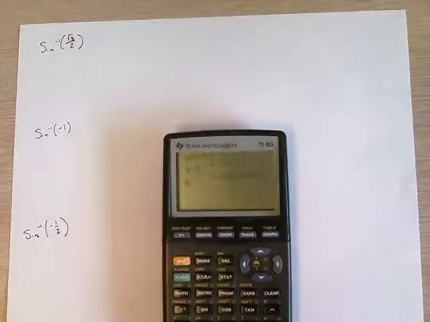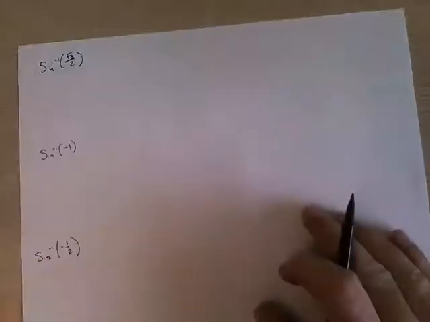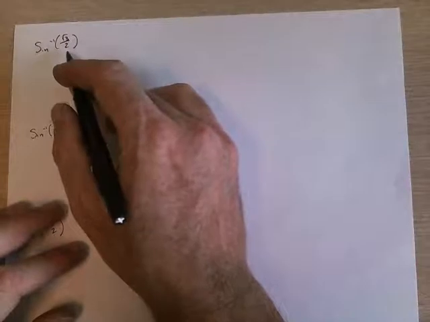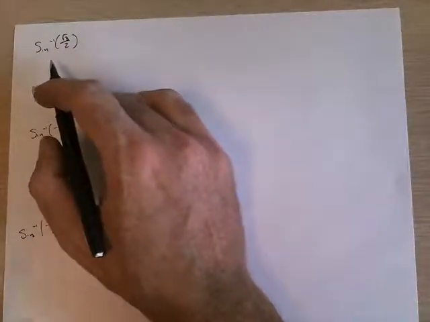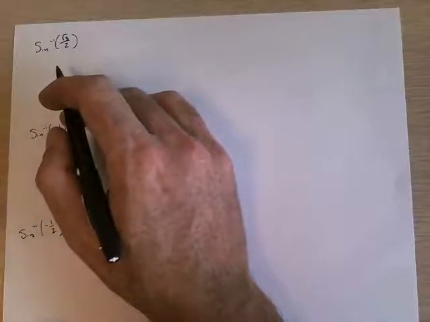Okay. Now, that being said, this problem is not looking for you to type them into your calculator, because this problem is all nice angles. So what I want to look at here is sine inverse of radical 3 over 2. Sine is a trig function that takes angles and gives you an output of opposite over hypotenuse.